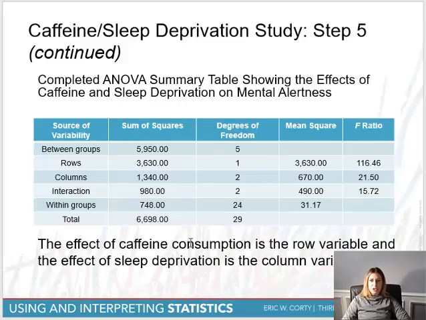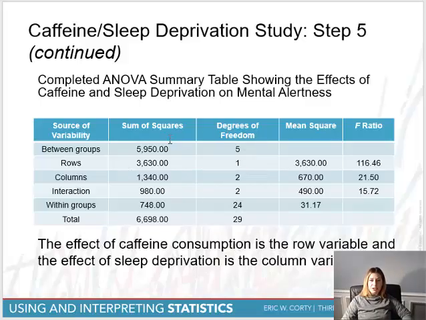What I want you to know is that this total sum of squares is always going to equal the sum of all of this. So if I were to remove on an exam one of these values, you should be able to figure out what that value is, okay? We know how to do the degrees of freedom because I talked you through that.